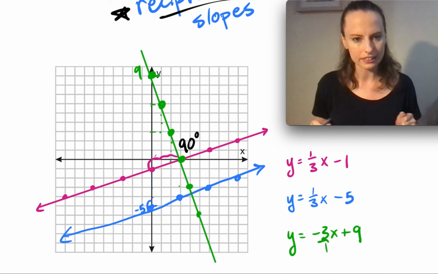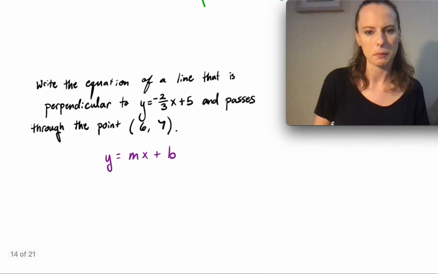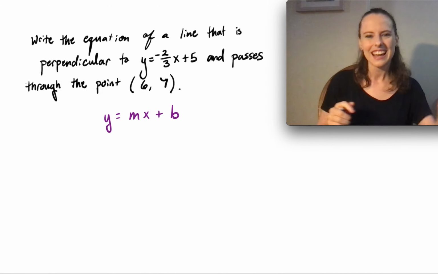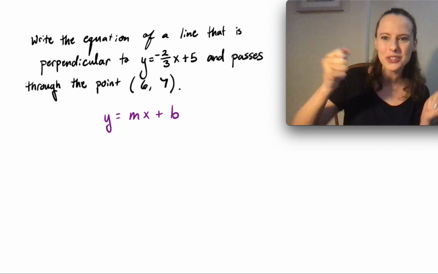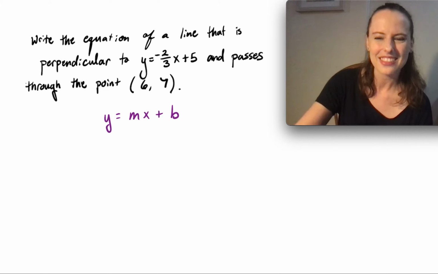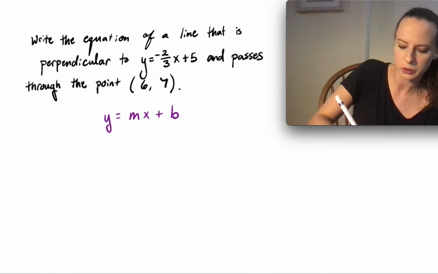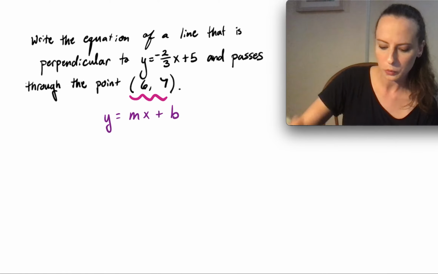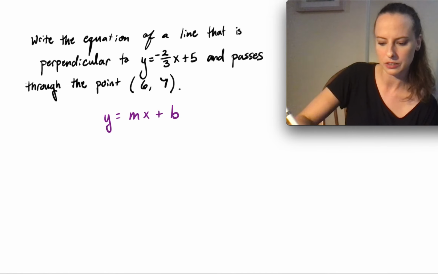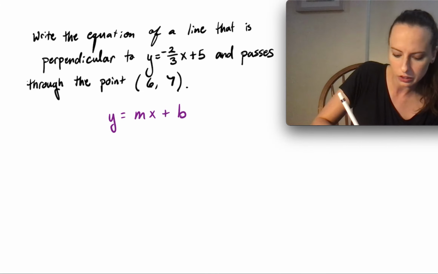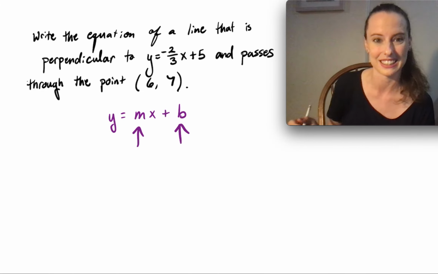All right, finally, let's do a quick example where you're given the equation of a line and you have to find a new equation of a new line that's perpendicular to the first one and that passes through a point. So really what this problem comes down to is writing the equation of a line, finding the slope, and finding the y-intercept.